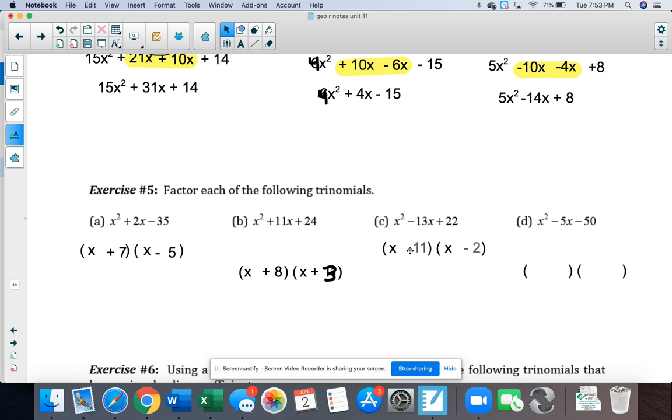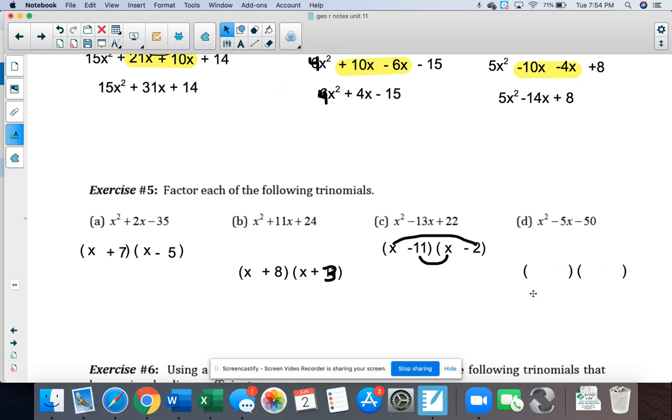All right, and when I'm multiplying negative 2 and negative 11, that gives me a positive 22. So multiply gives you a positive 22, and when you're adding those inner and outer, so basically what you're doing is when you were FOILing up above, these were getting multiplied. So that negative 11x and negative 2x is giving me that negative 13x. So that's what's going on.